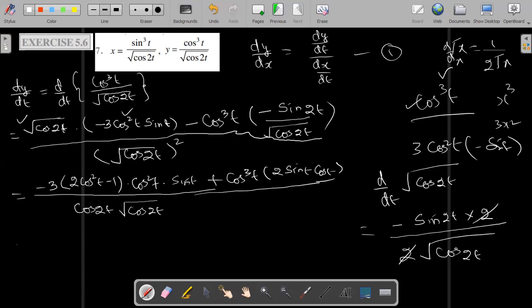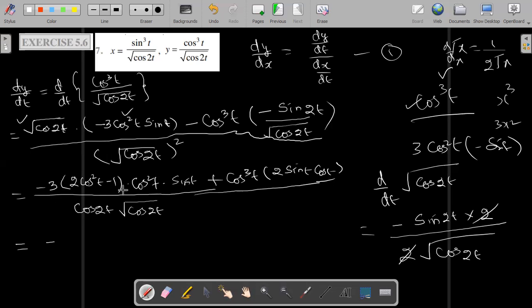Okay. So at last, we got minus 3 times 2 cos square, minus 6 cos square t into cos square, cos raised to power 4, and minus plus 3.